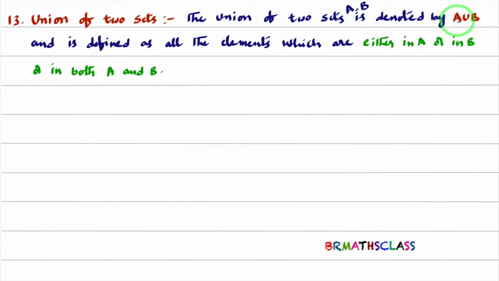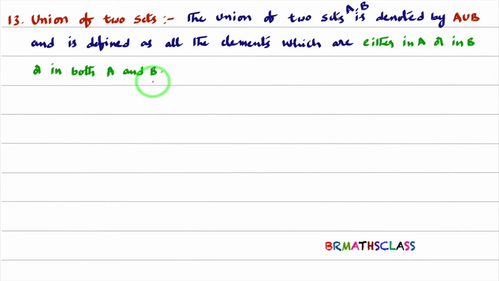We read it as A union B. And how is it defined? A union B is defined as all the elements which are either in A or in B or in both A and B. That means A union B contains all the elements which are present in either A or in B or in both A and B.